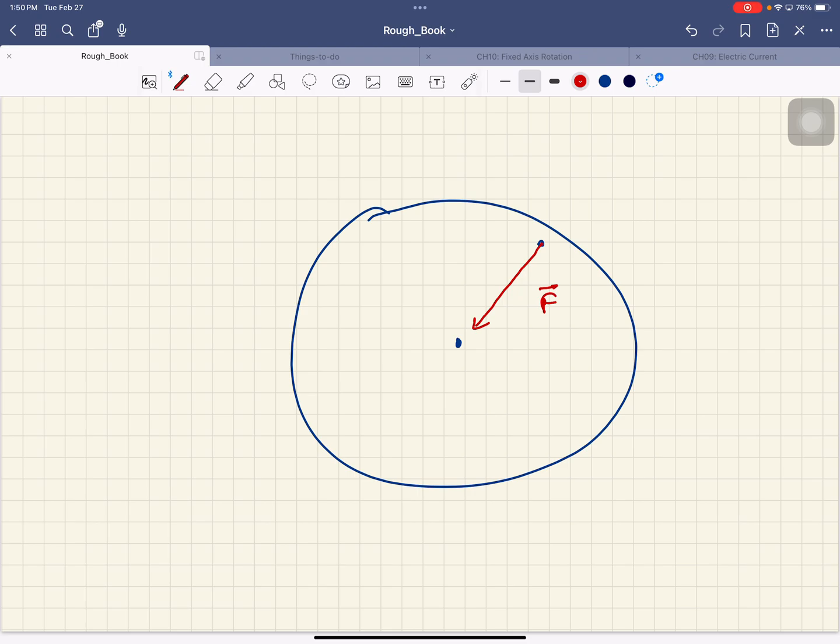The moment arm of this force is 0, so the torque will be 0, and it won't rotate. You can get a child to push in this direction, and the child will be able to rotate it. So the child will beat Superman. Did you guys understand that? For the torque, it's the perpendicular distance, which is called the moment arm, R perp. Here R perp is 0.